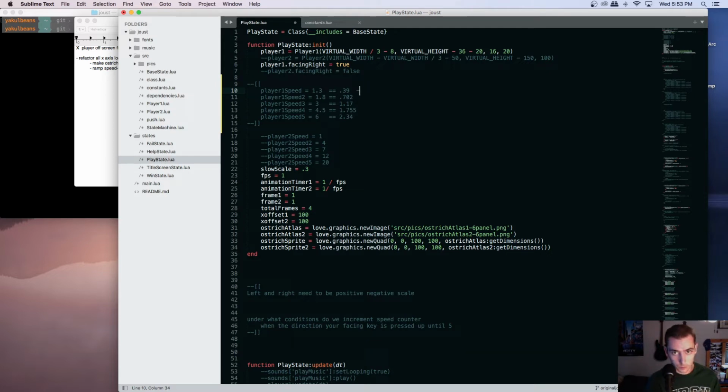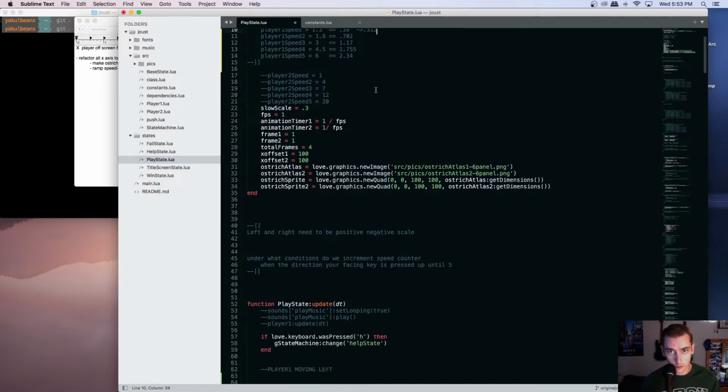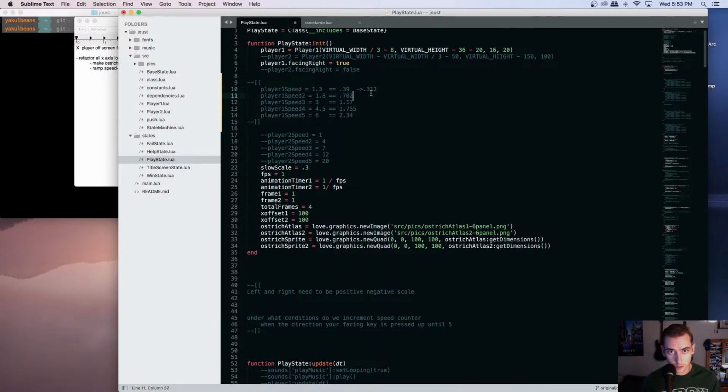So if you add 0.312, you get to the next tier. And then, yeah, I guess it is not linear.